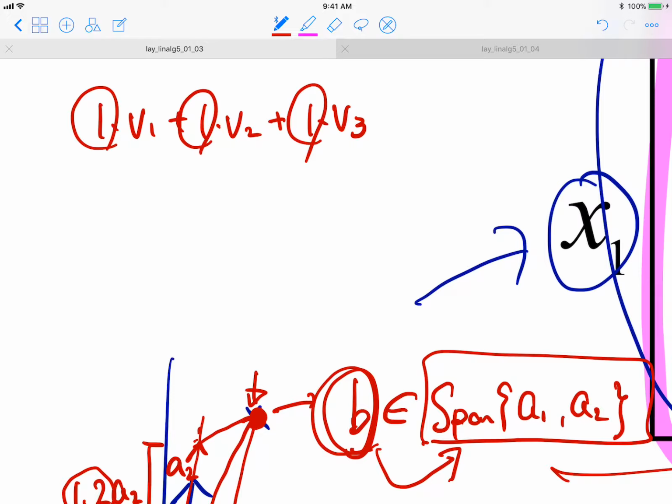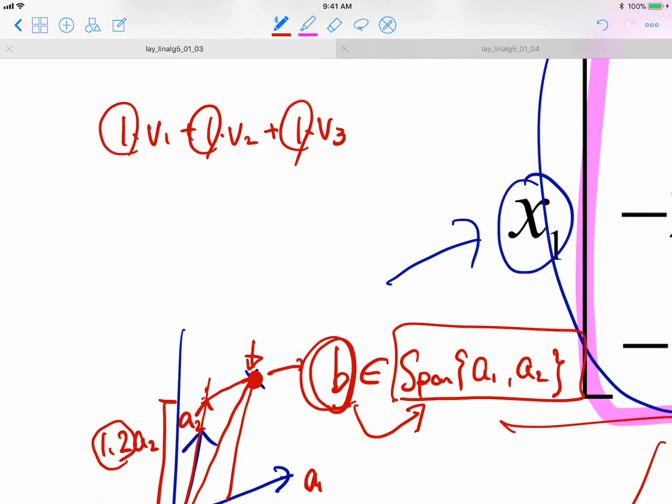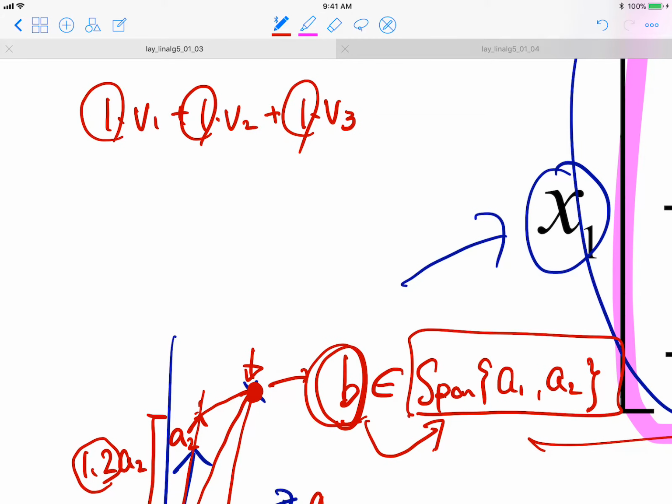It's a little hard to draw in three dimensions, but this one is V1 and V2 and V3.